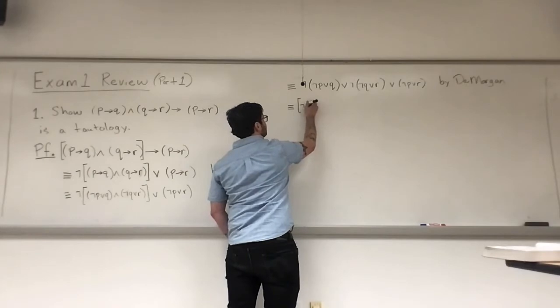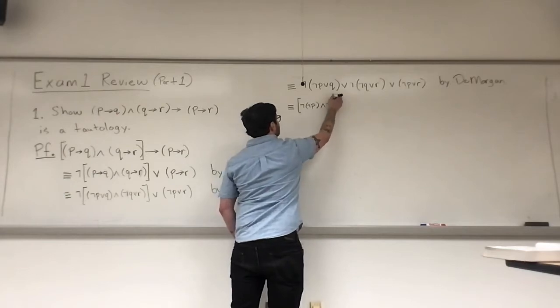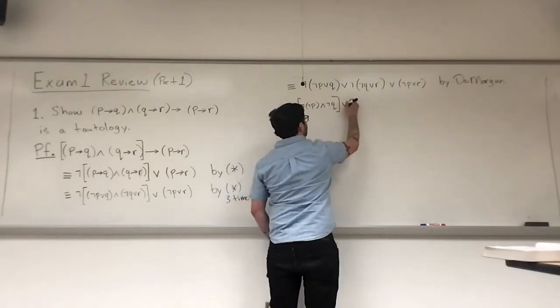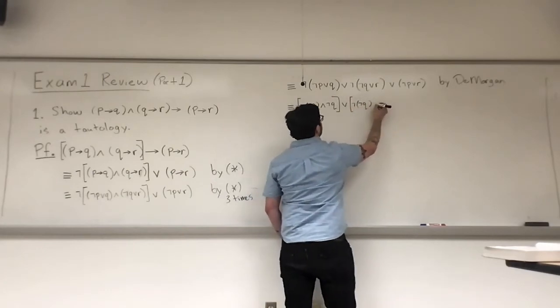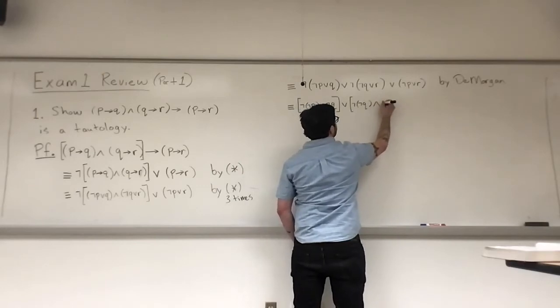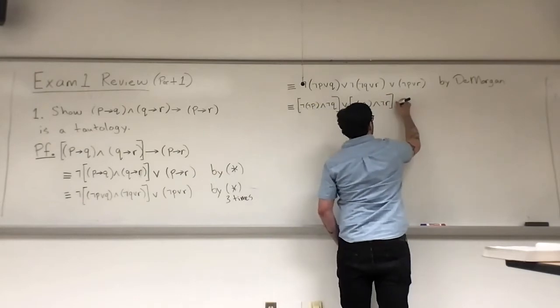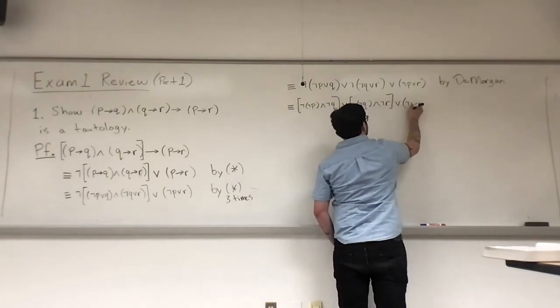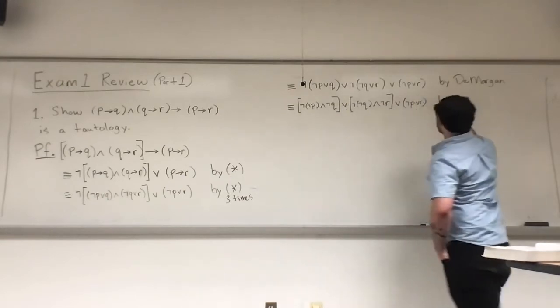The negation of not P, like that, and not Q, or negation of not Q, this would be an and, not R, or negation of P or R. Let's try them working.